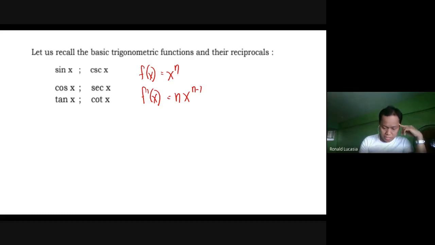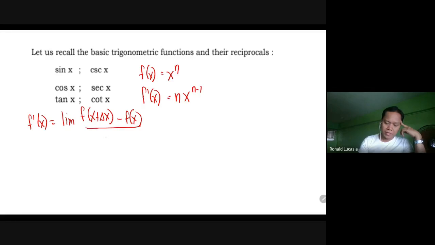So we will be using the traditional way: f prime of x is equal to the limit of f of x plus delta x minus f of x, all over delta x, as delta x approaches 0, if the limit exists.